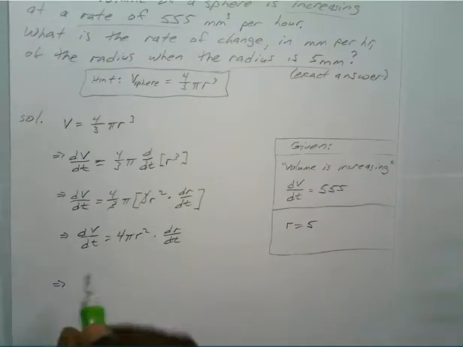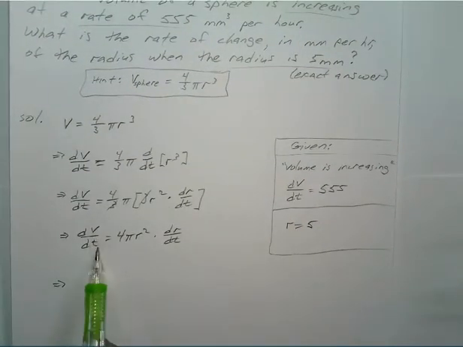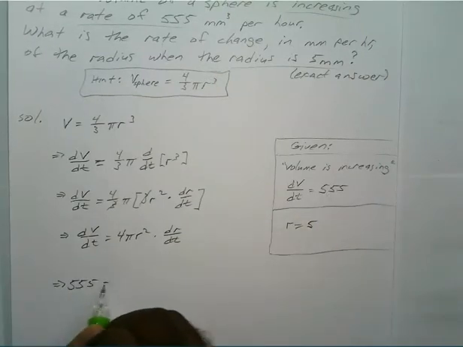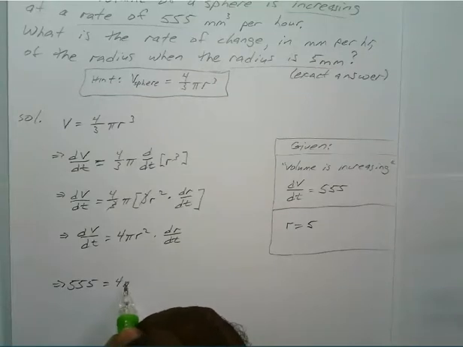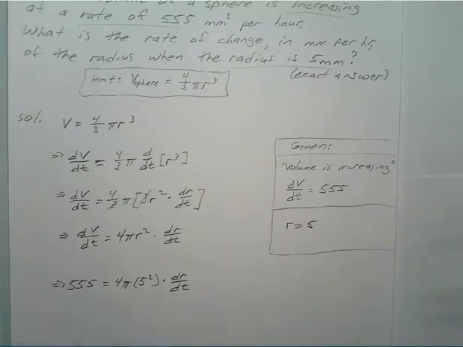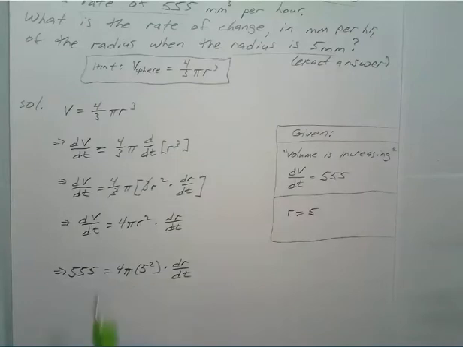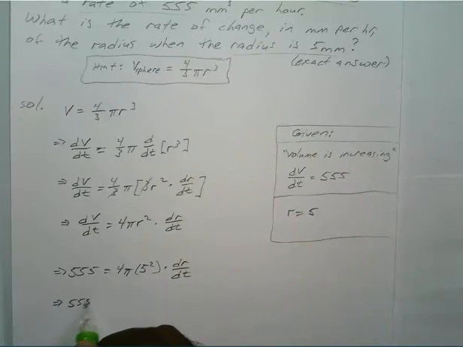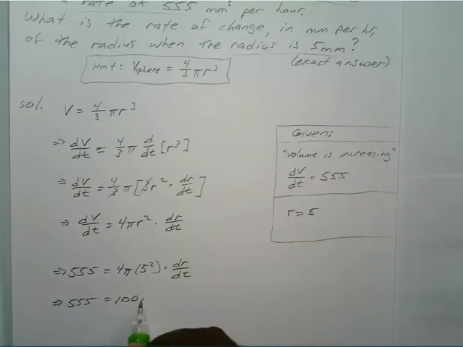Okay. So rate of change of the volume with respect to time is 555, which is equal to 4 pi times 5 squared times dr/dt. Okay, so you have 5 squared, which is 25 times 4, so you have 100 pi. So 555 equals 100 pi times dr/dt.